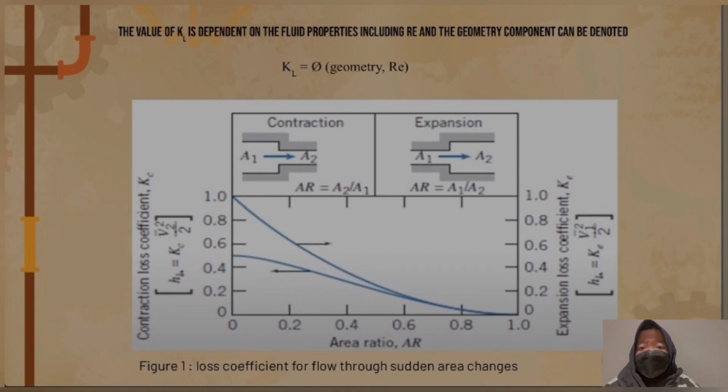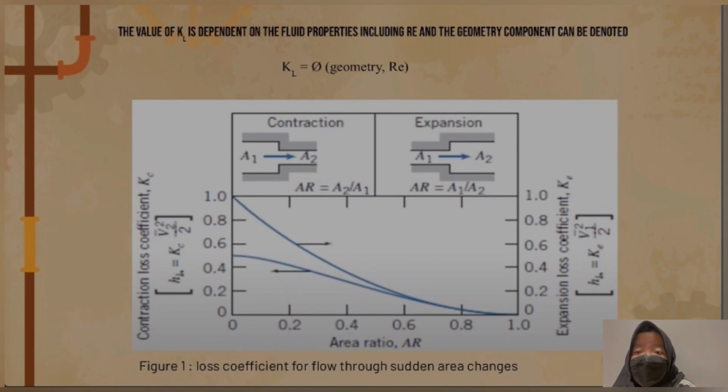KL for sudden expansion or enlargement and contraction in circular duct pipe are shown in Figure 1. Note that losses for a sudden expansion or enlargement are based on the speed of the flowing medium at region 1, 1/2 V1 squared, whereas for a sudden contraction they are based on the speed at region 2, 1/2 V2 squared.